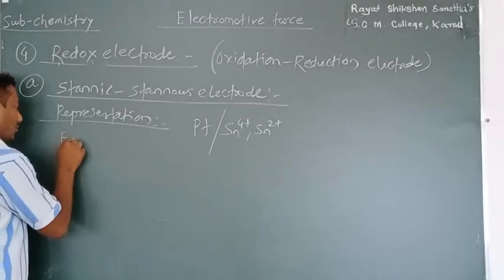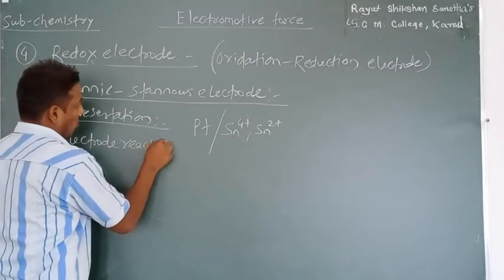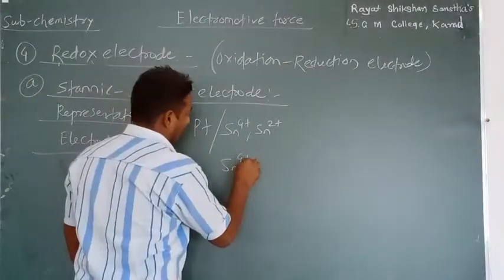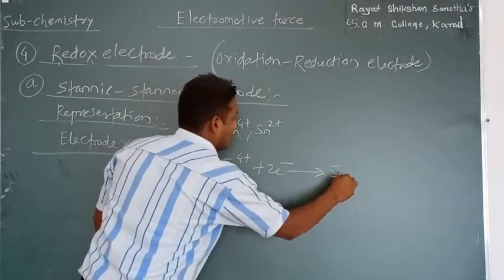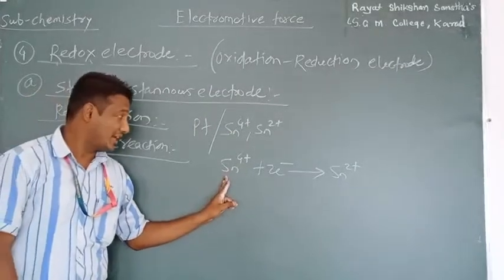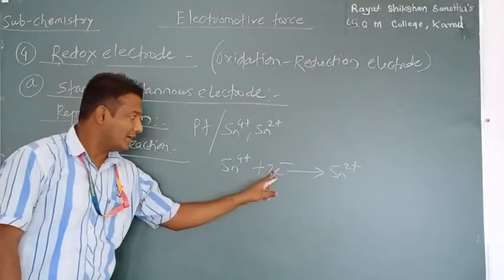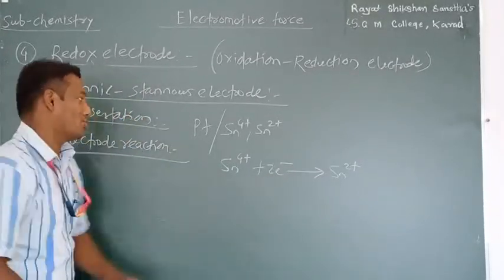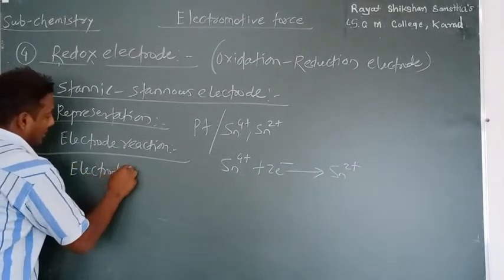Then electrode reaction: Sn4+ plus 2 electrons gives Sn2+. Here the oxidation state decreases by 2. It means that there is a gain of 2 electrons. Then electrode potential.